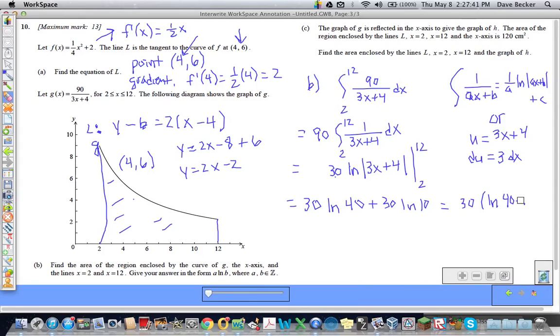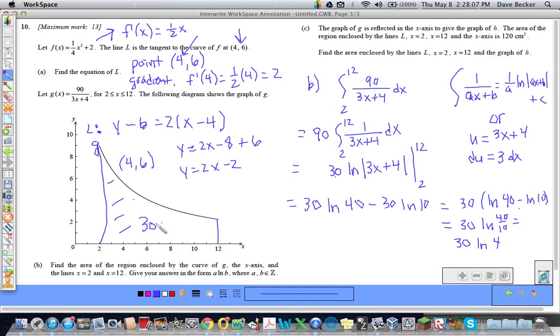Oh no, this is minus. Minus natural log of 10. So this would be 30 times, by the rules of logarithms, natural log of 40 over 10, which is 30 natural log of 4. So this area right here is 30 natural log of 4.